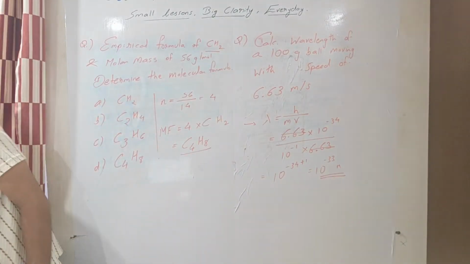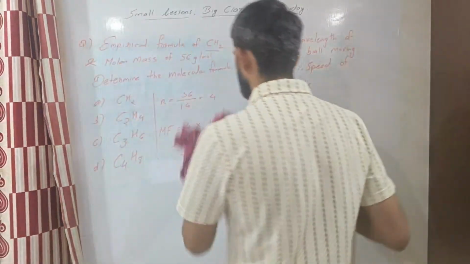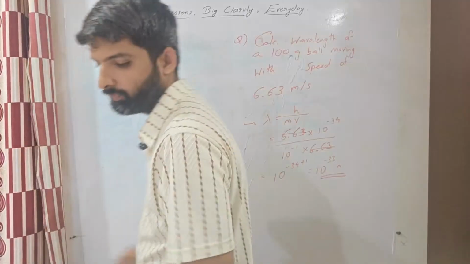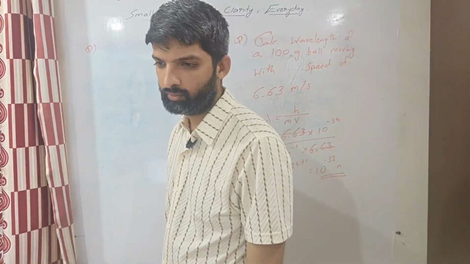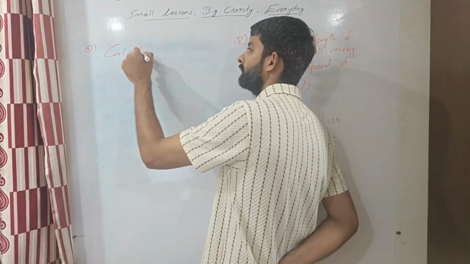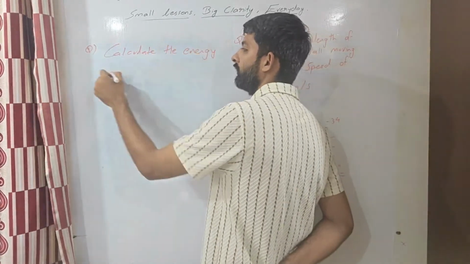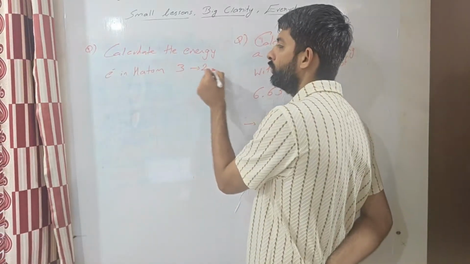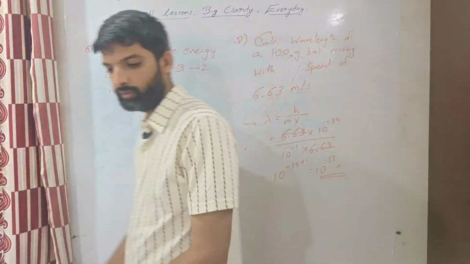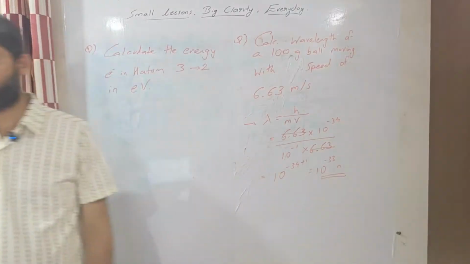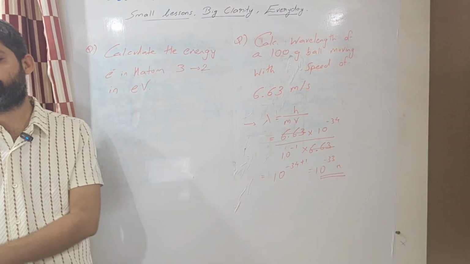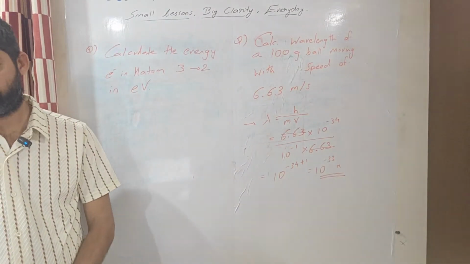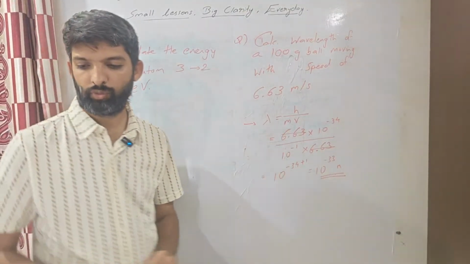Let's see the next question. Calculate the energy when an electron in H atom transits from 3 to 2, in electron volt. You need to find it in electron volt. I guess you know the formula.